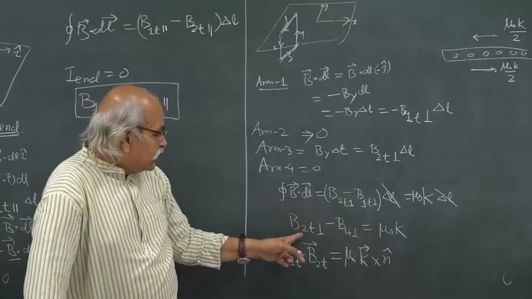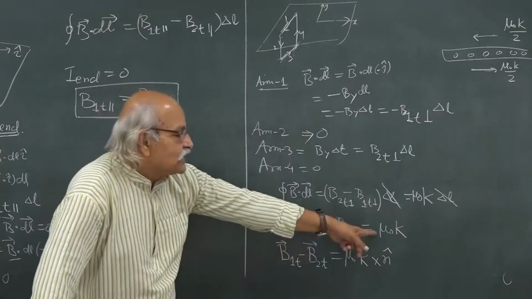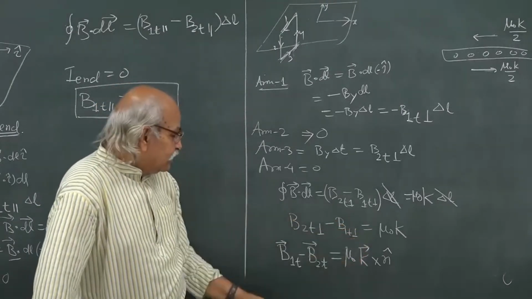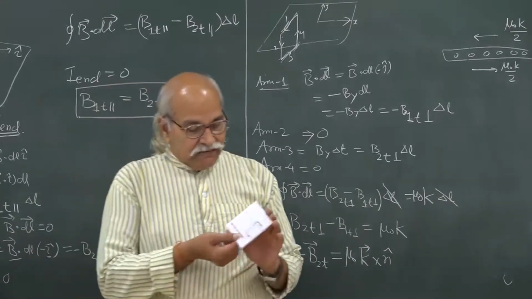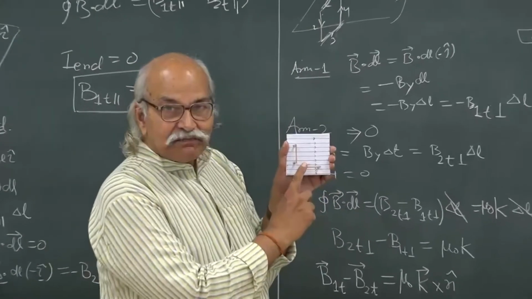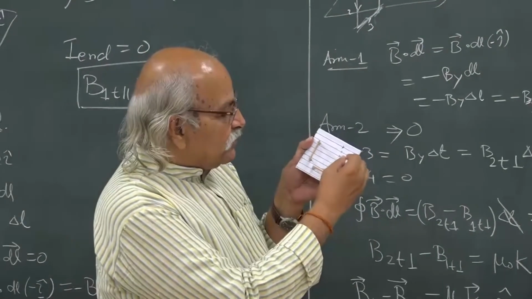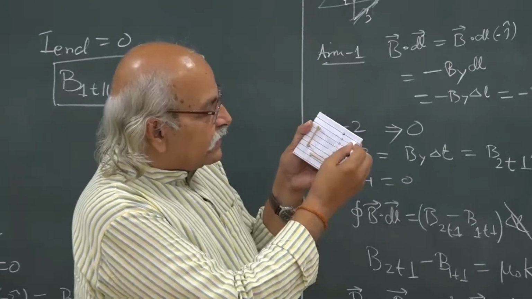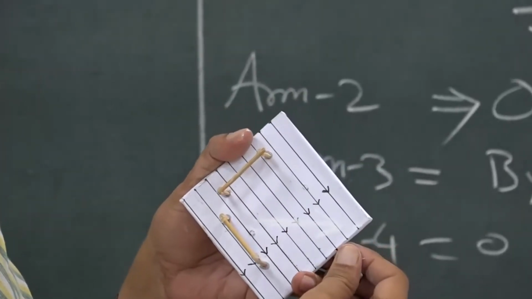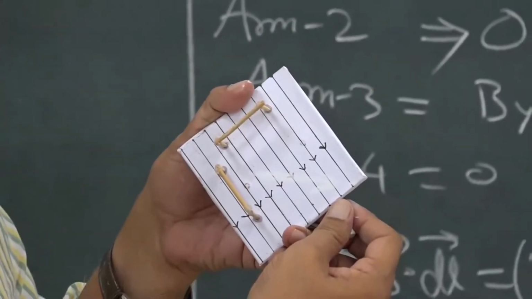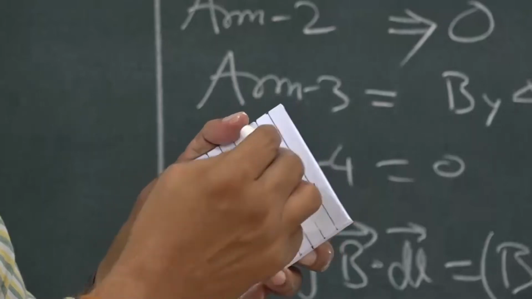For components parallel to the current and parallel to the surface, there is no change. So if I do not take the component parallel to the current, nor the component perpendicular to it, but take something in between, a line in some direction, how much is this component changing from this side to that side? It is the same as the change in the perpendicular component, because the change in the parallel one is 0. So the net change comes only from here.